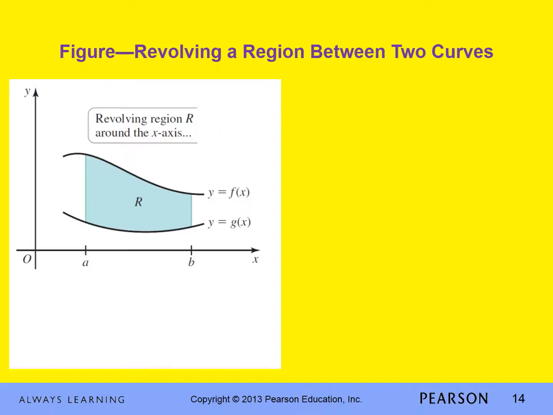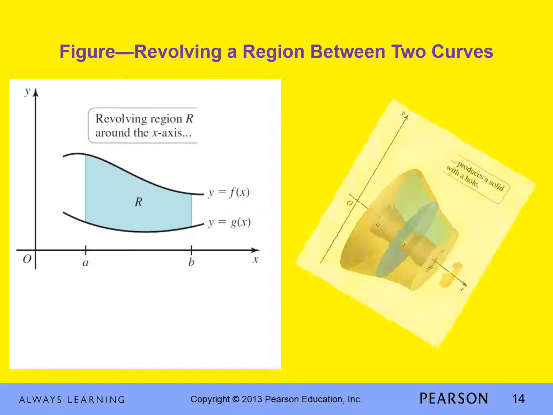Okay, so other regions can be revolved, and we can find the volumes of them. You might have a region between two curves, f of x and g of x, and you might want the volume of that region revolved. And so you can imagine how we would find that volume.